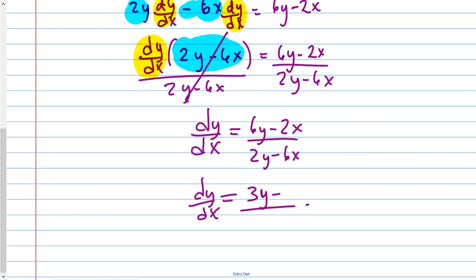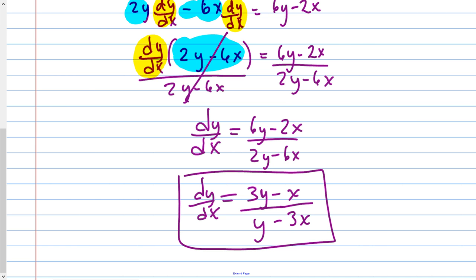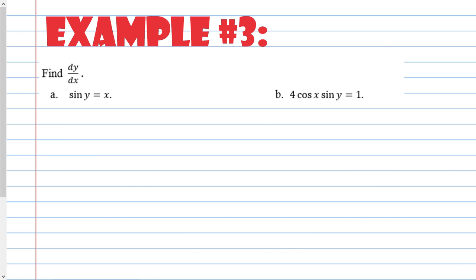Great. So 2 divided by 2 is 1, so that leaves y, and 6 divided by 2 is 3. And there is my answer. All right, example 3. Find dy dx.